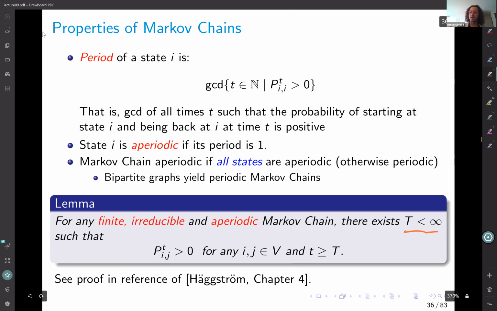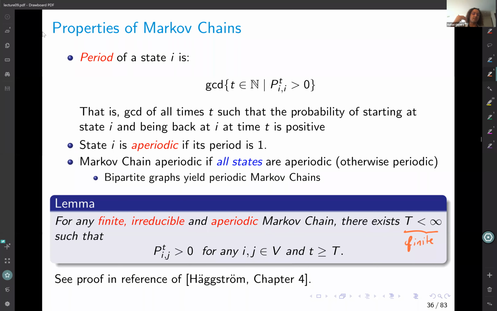Such that if I take the matrix P and make transitions for t steps, P to the power t, and look at the entry ij, this is going to be bigger than 0 for any i, j in V, for any two vertices, and for any t greater than or equal to capital T. So there exists this finite bound such that the probability is bigger than 0 for any such t.